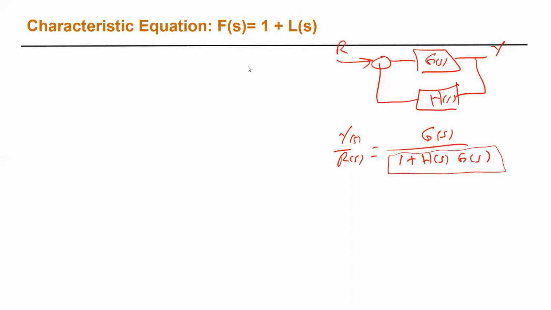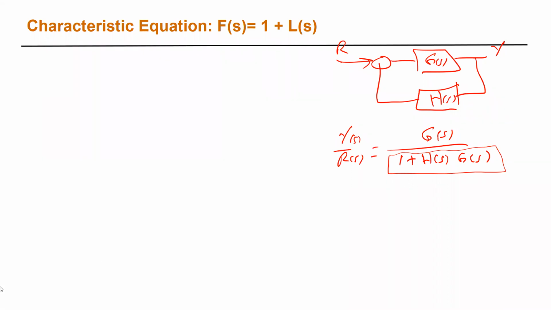Yes, I think it's the same. Get closer to the mic, Ahmed, I can't hear you. What is the relationship between the poles of the closed loop system and the zeros of the characteristic equation? The same. They are the same. Great. Thank you.